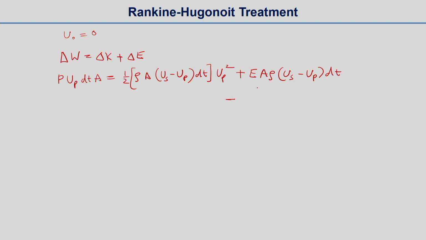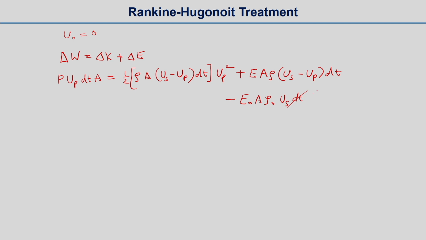And the fourth term, E naught A rho naught (Us minus u naught), the u naught part will be 0, and dt.